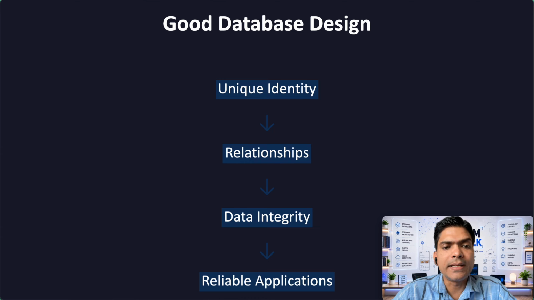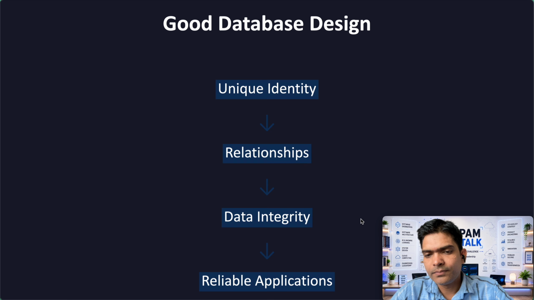Foreign keys define the relationship, and constraints help protect the integrity of those relationships. When we design these things correctly, we make it much easier to build reliable applications as our system grows.